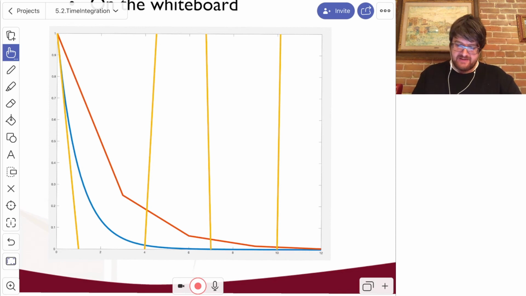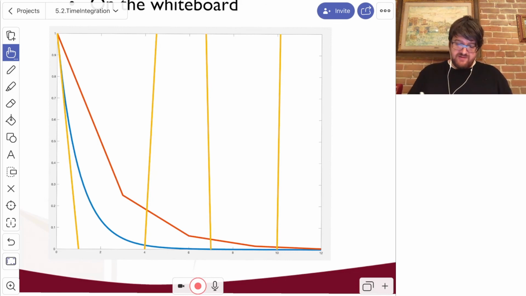The red and the orange or yellow are the approximations, implicit and explicit approximation at 1, 2, 3, 4, 5 points with a huge time step. I'm going to also do this example in the next video, but because we have it on these slides, I wanted to just show you the contrast between implicit and explicit if you have a large time step.